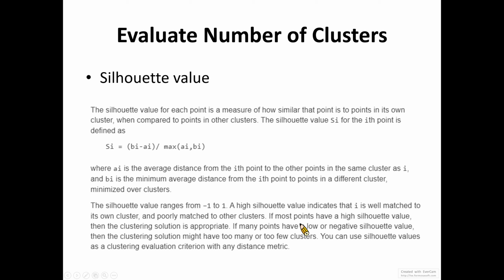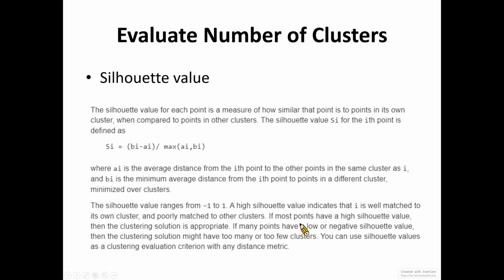So that is one of the objective measures that we can use to evaluate the potential number of clusters. But like I said, most of the time you need to generate a reasonable hypothesis about how many clusters should be observed in this data. So that is very important.